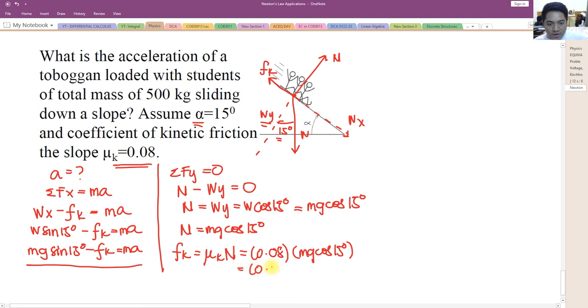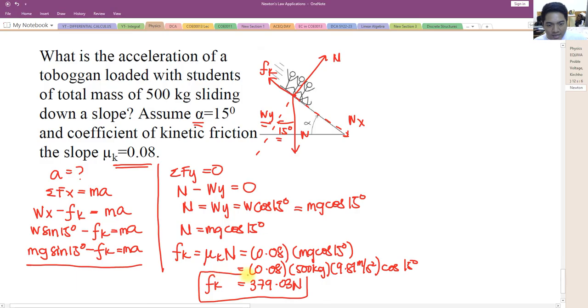So we have 0.08 times the mass of the toboggan, 500 kilograms, times 9.81 meters per second squared, cosine 15 degrees. So the kinetic friction will now be 379.03 newtons. That's the kinetic friction, but that is not what is being asked.